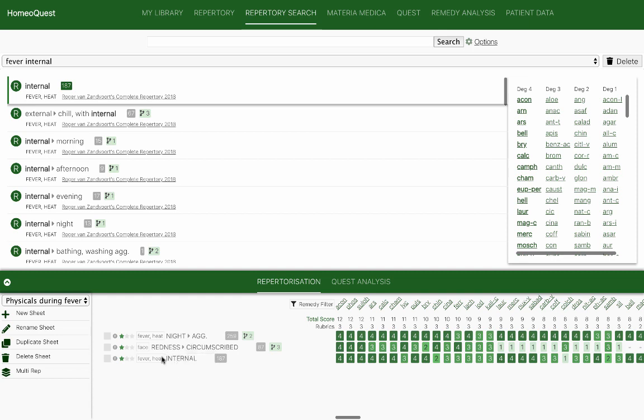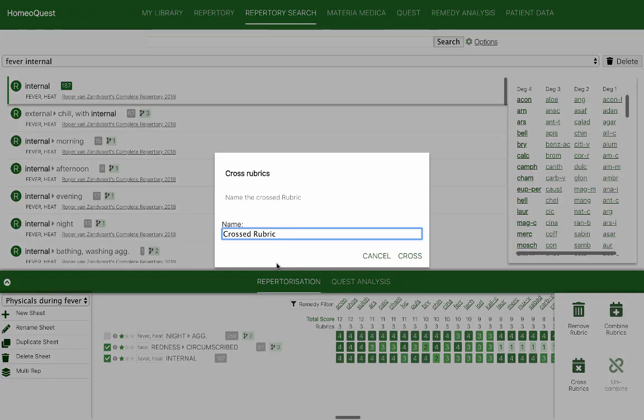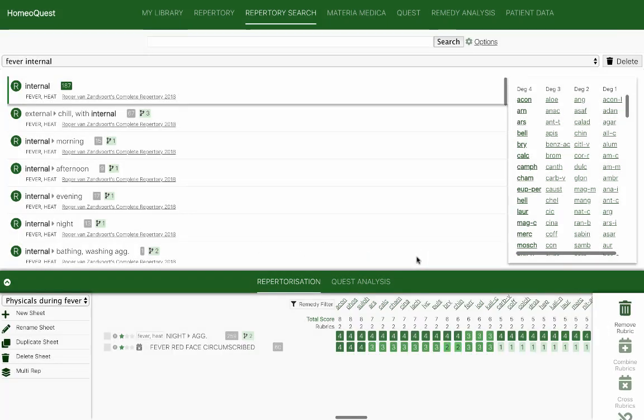Now, these are larger rubrics, and I'm going to cross them. When you cross them, you're going to get the common remedies for fever internal with redness of the face. So we cross them, and we say fever, red face, circumscribed. Cross.